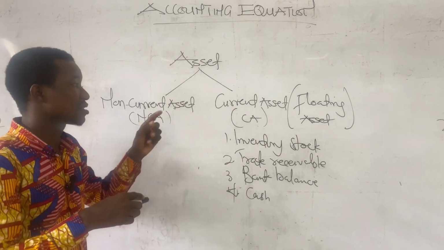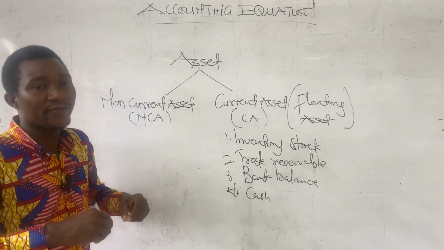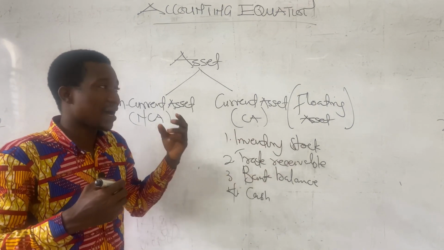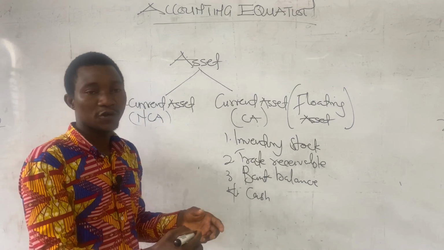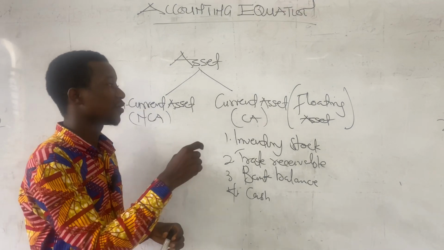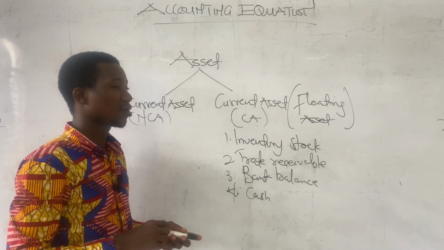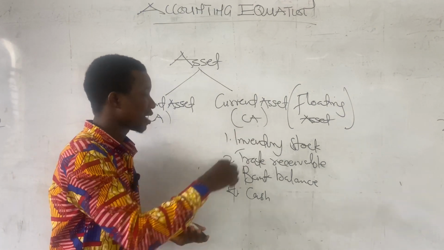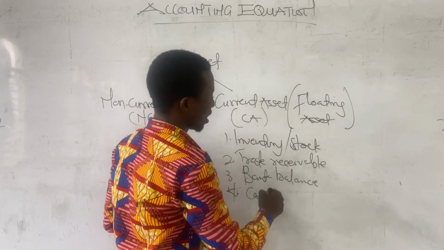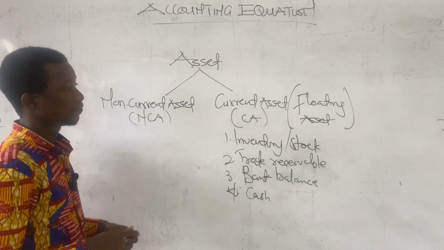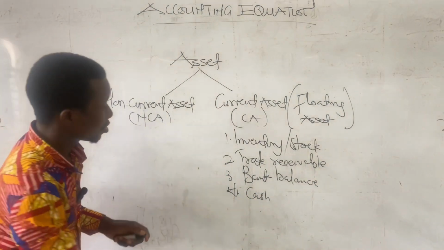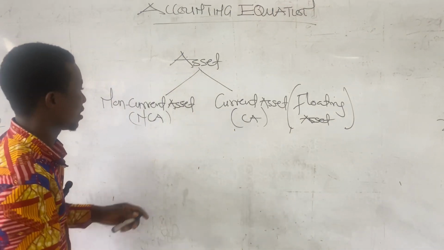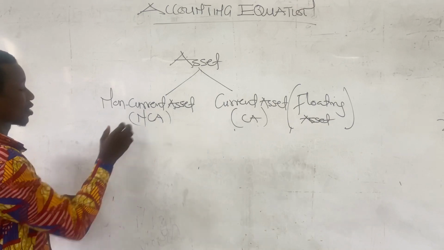But if the same business acquired the same type of motor vehicle for the intention of reselling, or the business deals with the selling of motor vehicles, then that motor vehicle will be considered a current asset, because the business has an intention of reselling it, and it will be considered as inventory or stock. Is that okay? Very good. So that is the difference between the current assets and the non-current assets.